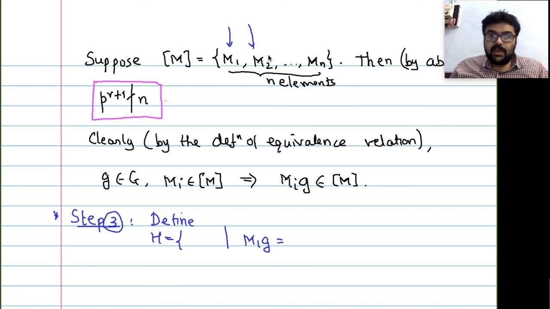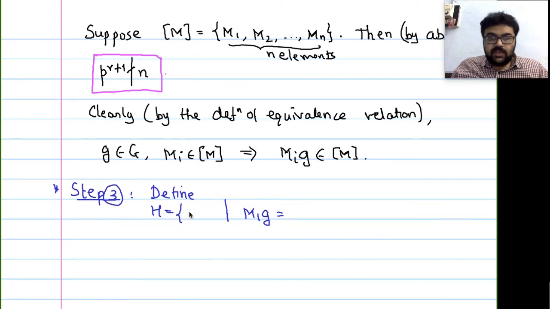So it is going to be m1, m2 or mn. But we are interested in all those g in G for which m1g equals m1. We are interested in all those g in G such that m1g equals m1, this is our H which we are looking for.